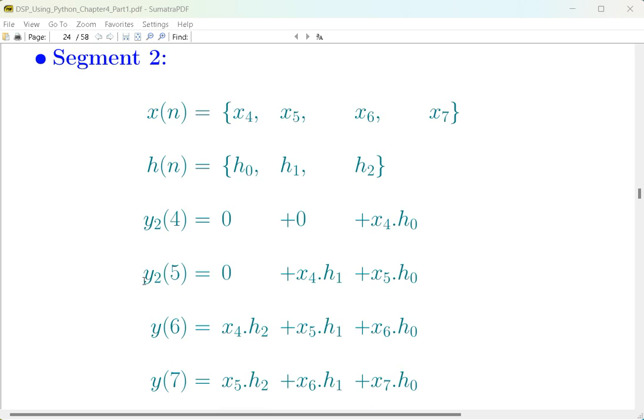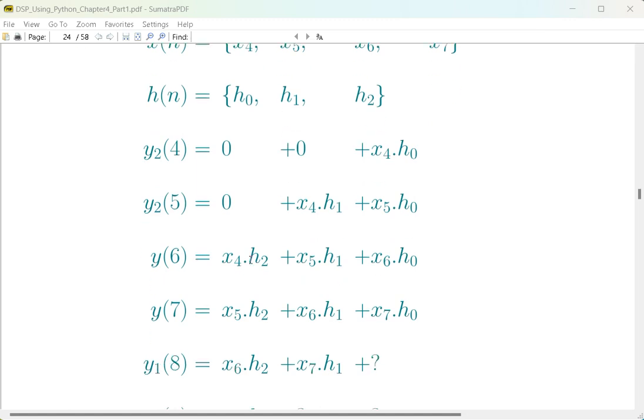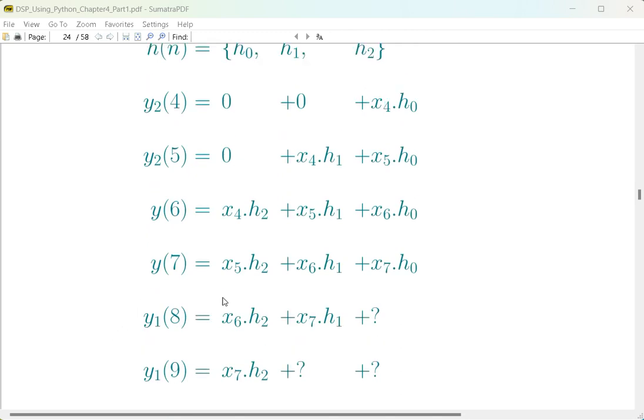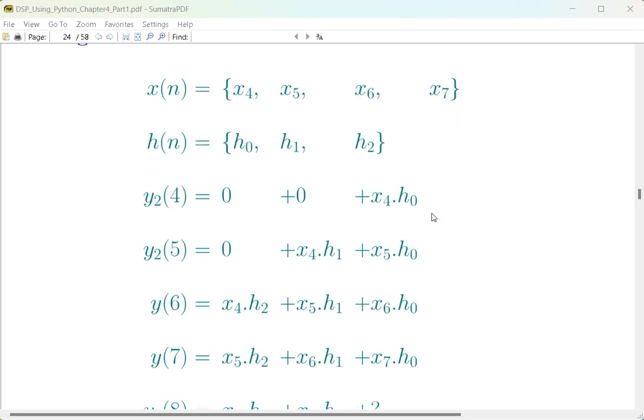The same idea for y2 of 5, which will be 0 plus x4 h1. It exists, no problem, plus x5 times h0, no problem. y6 is okay, y7 okay, but y1 of 8, again, x6 times h2 plus x7 h1 plus x8 h0, but it hasn't appeared.